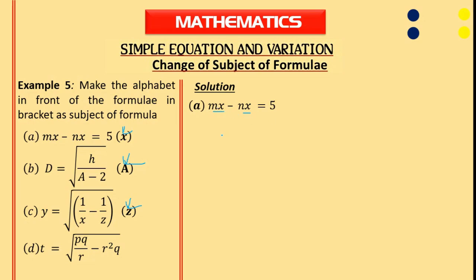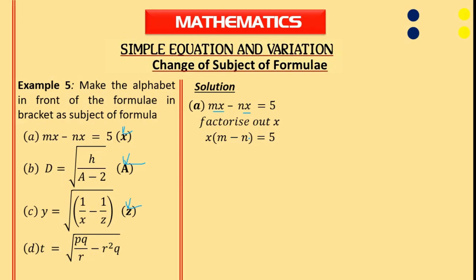By our methodology of factorization, it means x is common here, so you can bring it out. If you factorize out x, this will give us x into bracket m minus n.